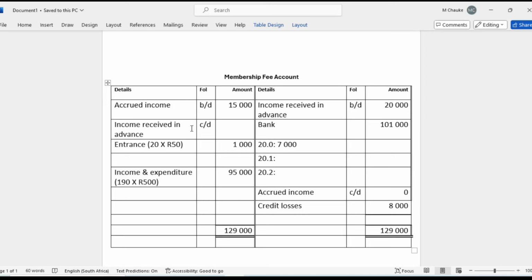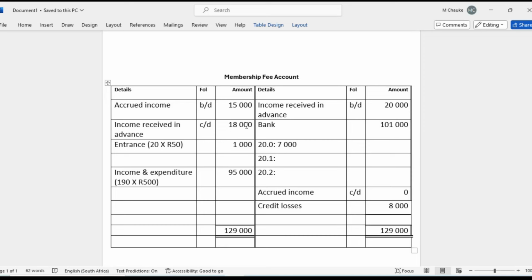Let's do so. 129,000 minus 95,000 of income and expenditure, minus 1,000 of entrance fees, minus 15,000 of accrued income at the beginning. And then I'm getting 18,000. Right.